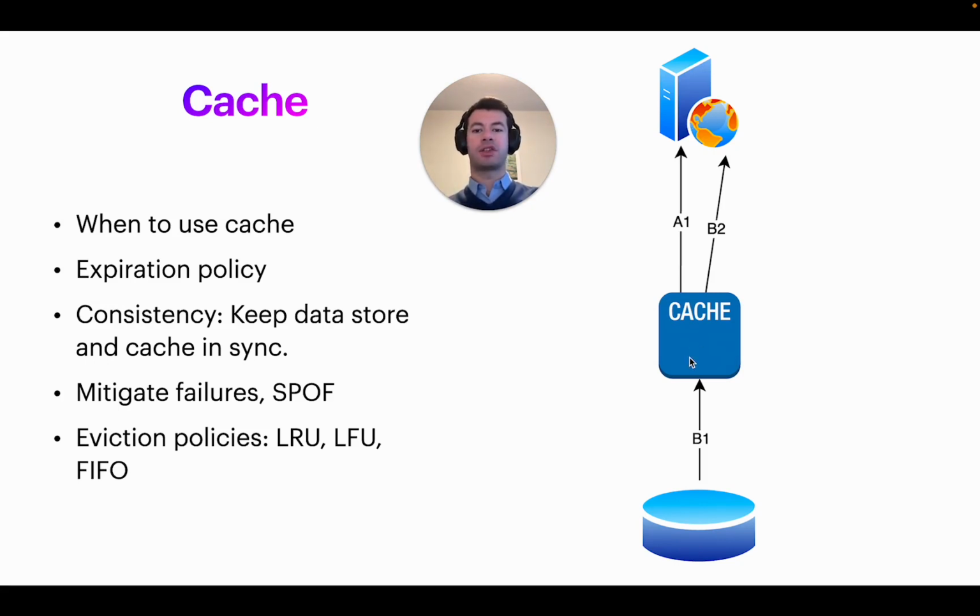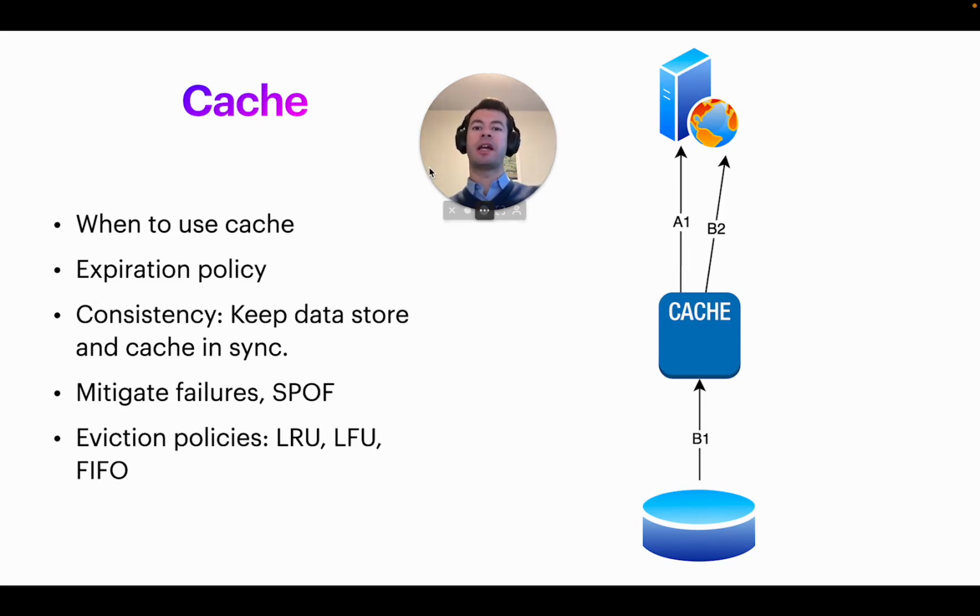If the cache has it, it returns the data back to the server. If it doesn't, our web server checks the database, gets the data, and updates the cache so that the consequent reads can be served directly from the cache.